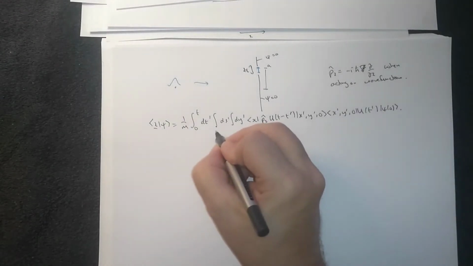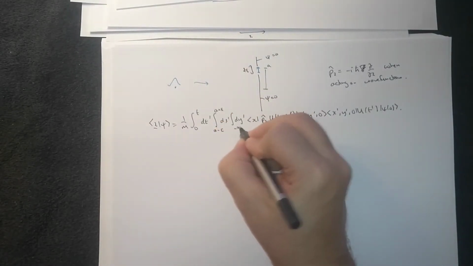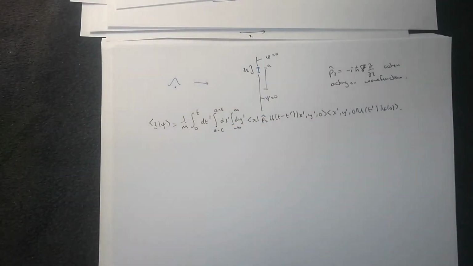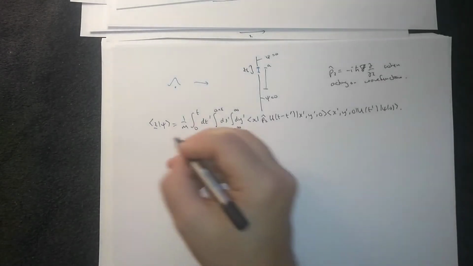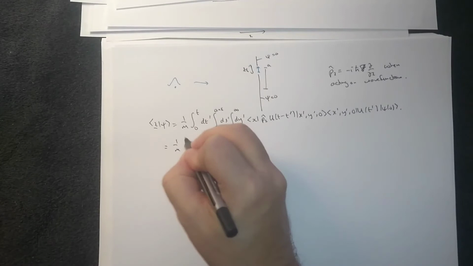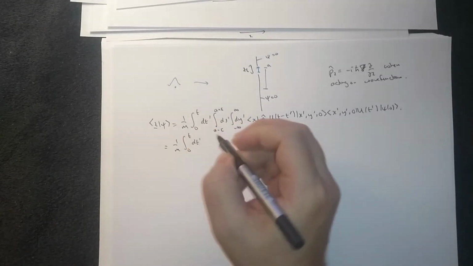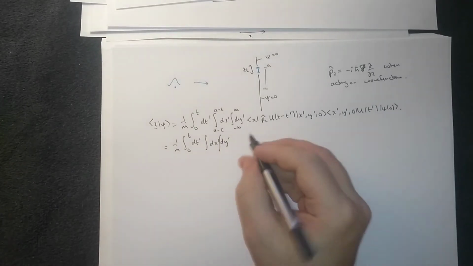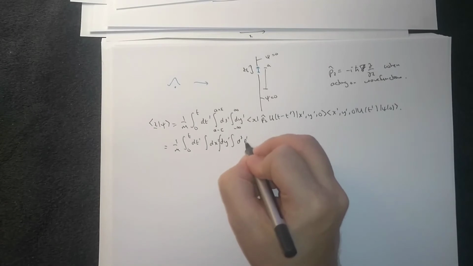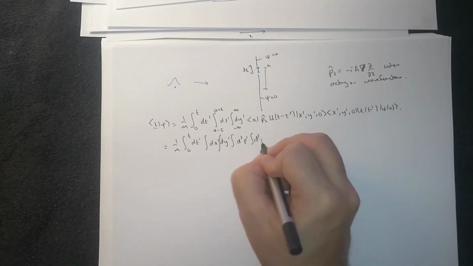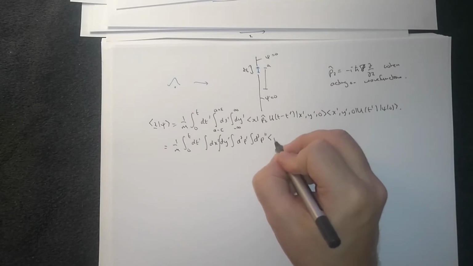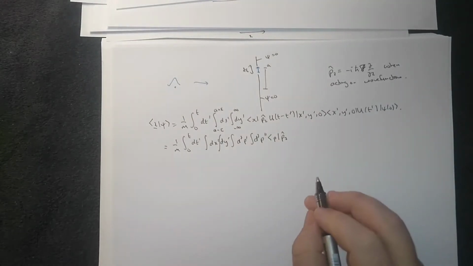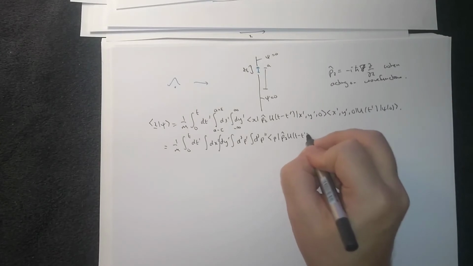Now, x will go from a minus epsilon to a plus epsilon, y from minus infinity to infinity, so we're considering an infinite slit. Well, that's equal to 1 over m, the integral 0 to t dt prime, integral dx prime dy prime, integral d3p prime, integral d3p double prime of p with pz hat u of t minus t prime.